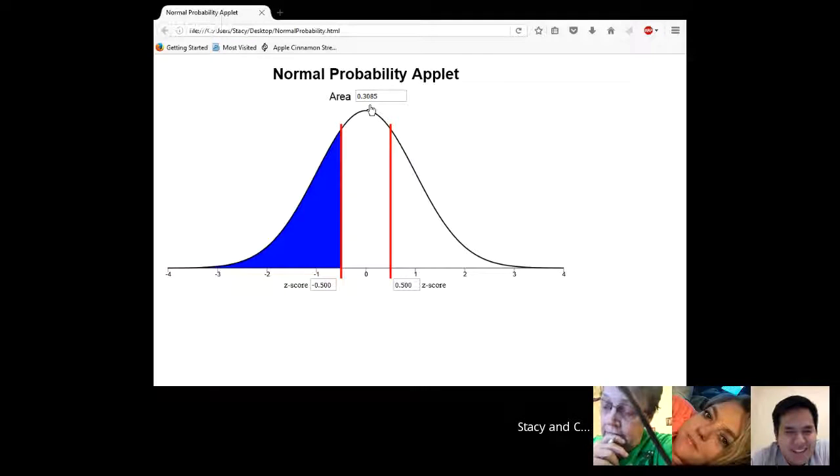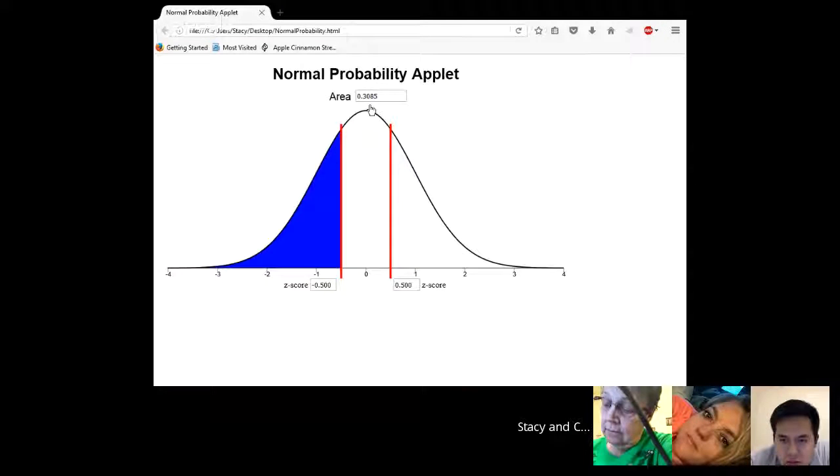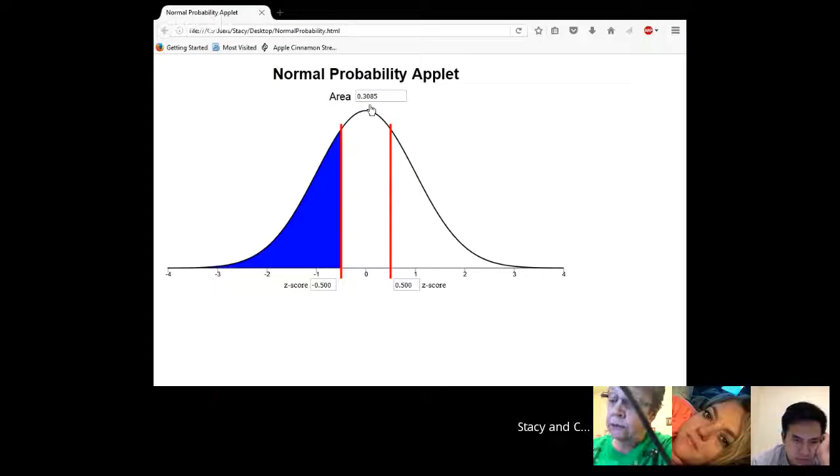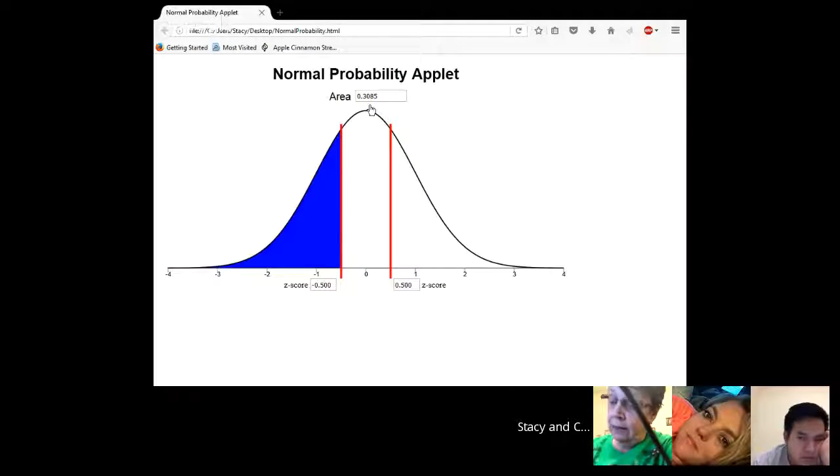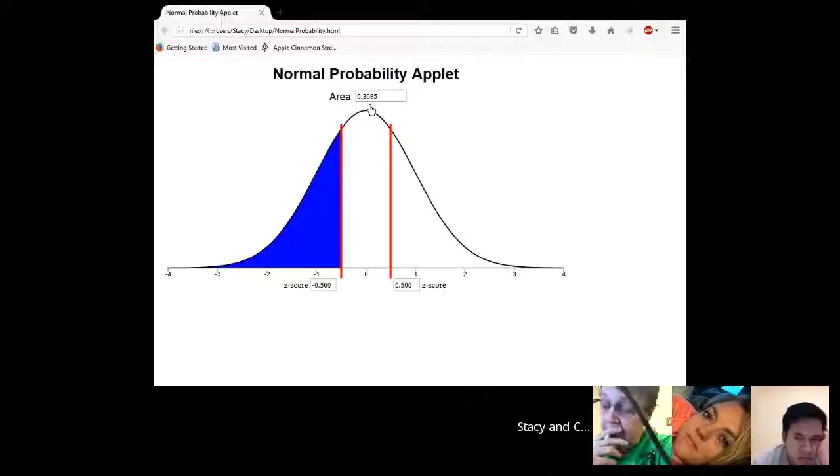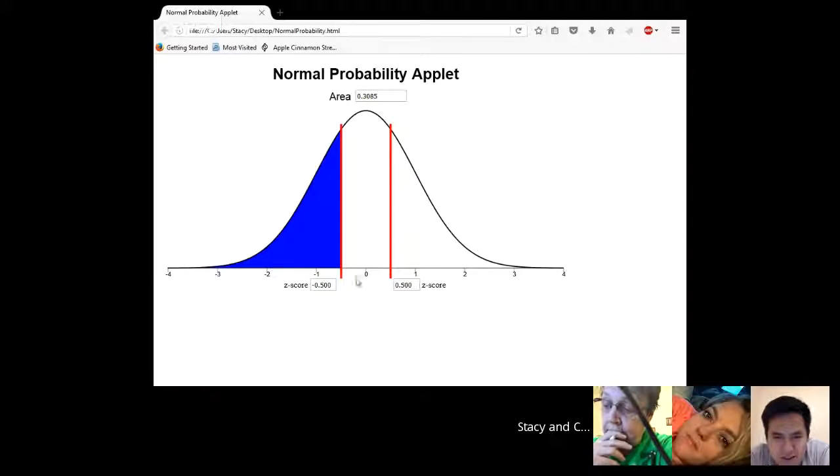Okay, so E, what is the probability that a randomly selected particle has a speed that is between 1,500 and 2,500 meters per second? For this one you take the answer that we got in C minus the answer that we just got in D, and that'll give you the answer. Yep, right on. I was playing with the z-scores last night to see if I could put one z-score and the other.